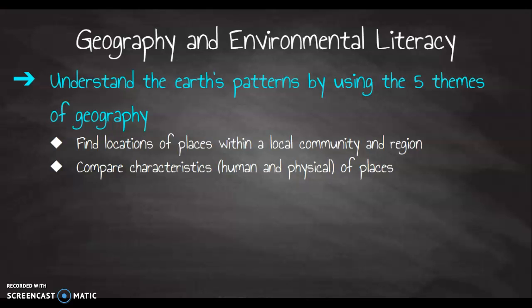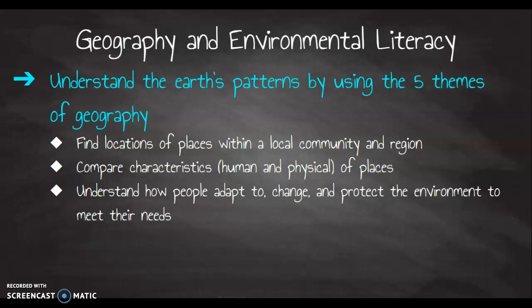Students will also compare characteristics of places. So these characteristics will include both human and physical characteristics. And they will understand how people adapt to, change, and protect the environment that they live in to meet their needs. So these are going to be the big parts of this unit.